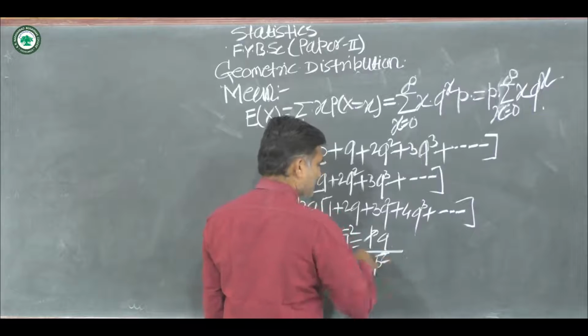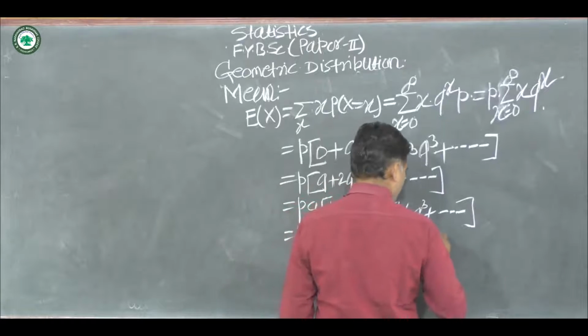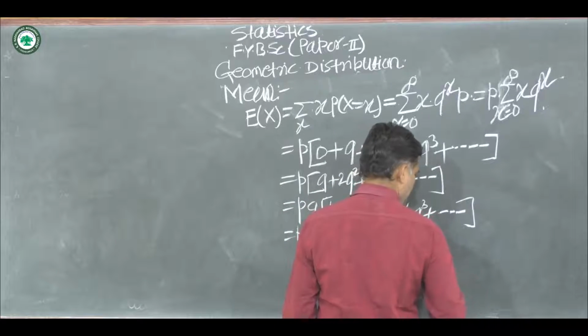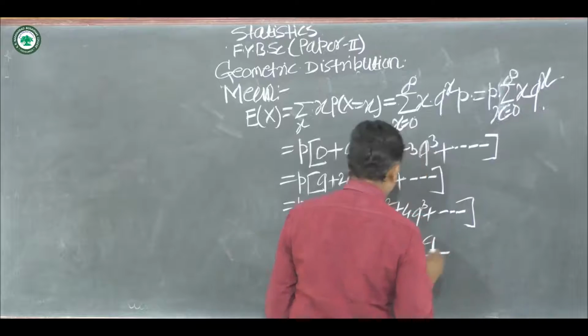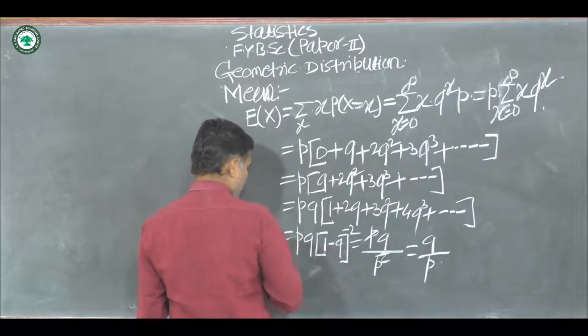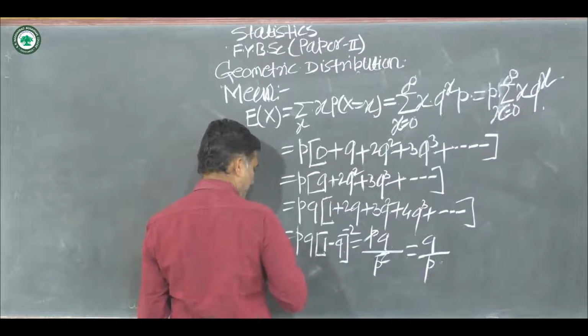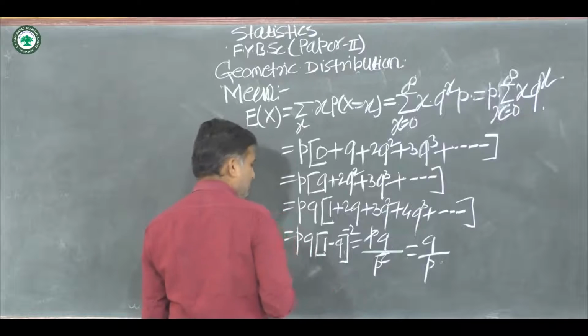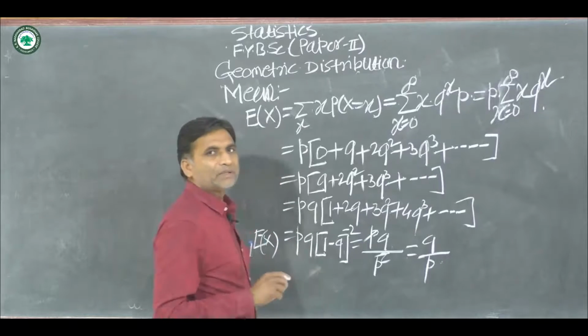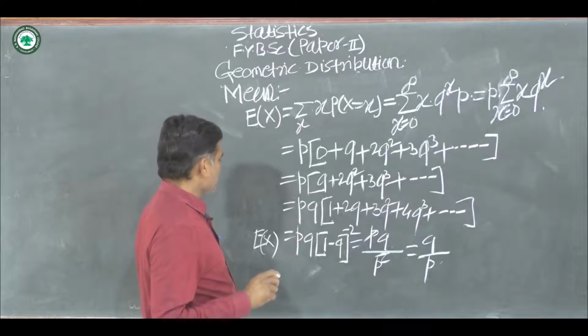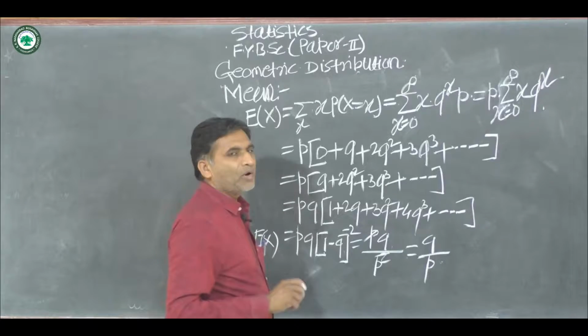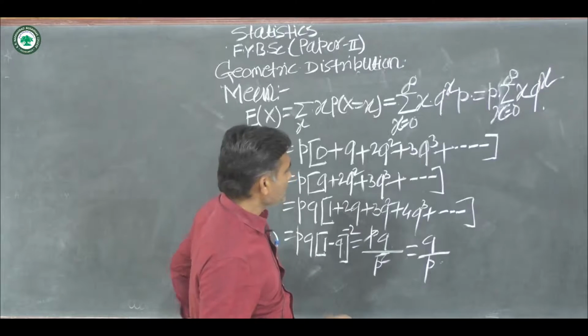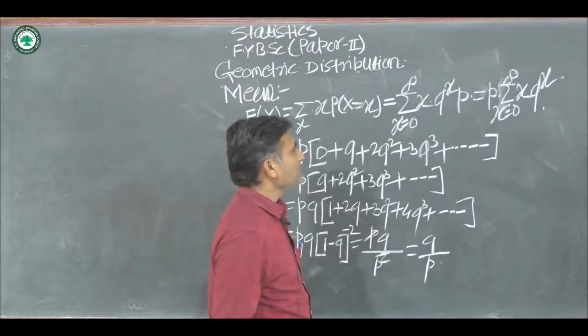Now p gets cancelled, we have q upon p. Q upon p is the mean of geometric distribution, or the expected value of random variable x, where that random variable follows the geometric distribution.